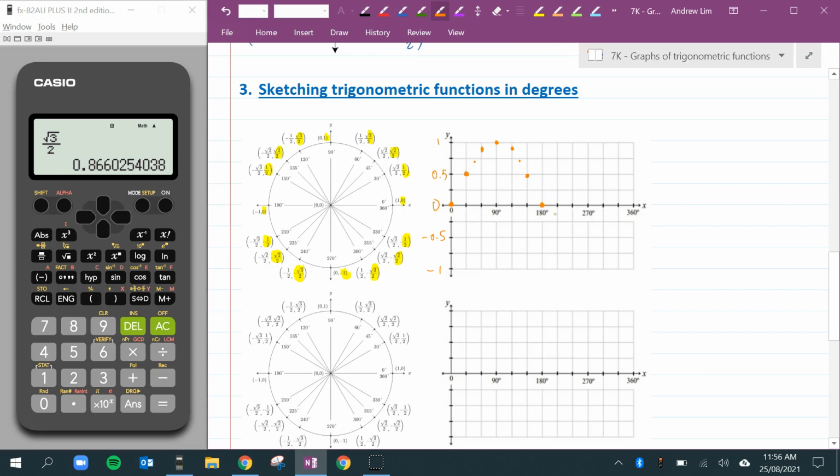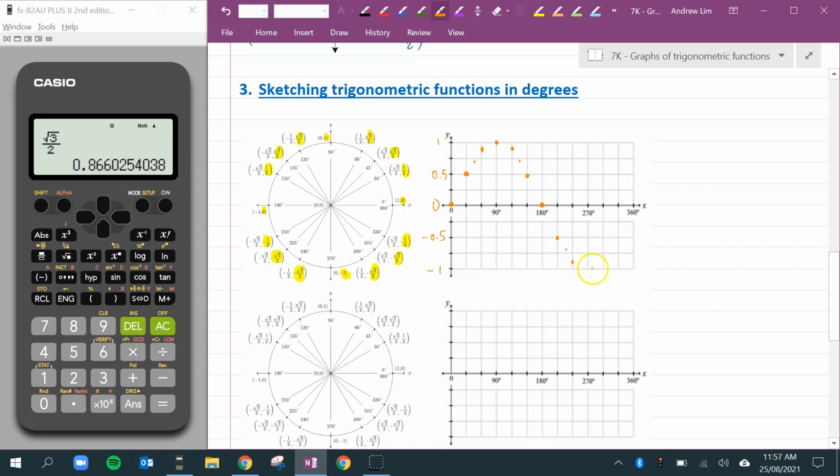Sine of 210 is negative half. Then we've got negative root 2 on 2, which is going to be negative 0.71, so I would say it's probably around here. Negative root 3 on 2, about negative 0.87.